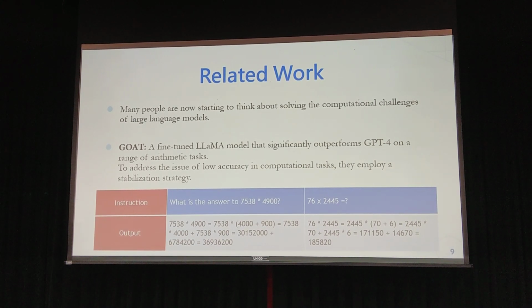The instruction is the input and the output is the result. Upon close observation, we found that to address the accuracy issue, they use basic calculation methods to teach the model specific problem-solving techniques, and it can also deal with this calculation problem.